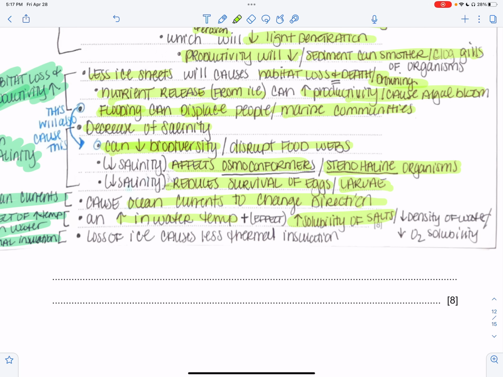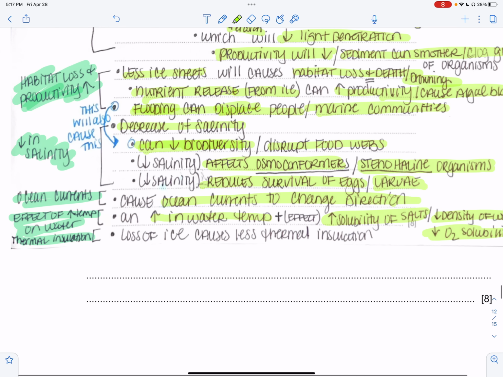Increasing ocean temperature could also decrease the solubility of oxygen. Increasing solubility of salts, like think about coffee. Iced coffee does not dissolve sugar really well. Sugar and salts are both ionic. But if you have hot coffee, it can dissolve it really well. An increase in water temperature will cause a decrease in the density of water. Warm water floats, or warm things float, cold things sink.